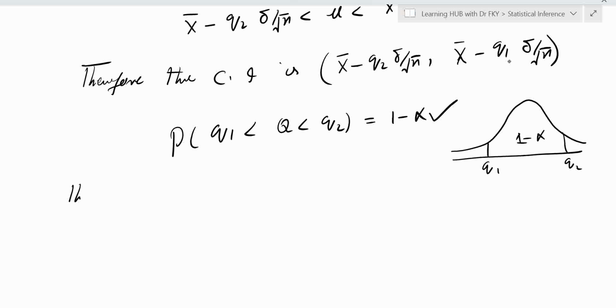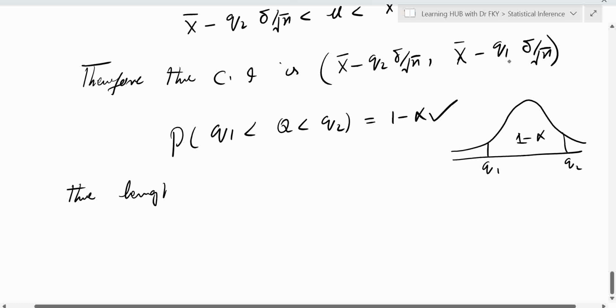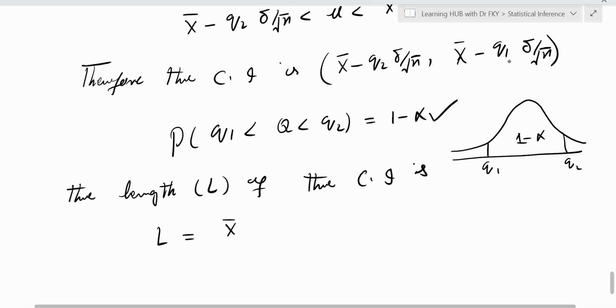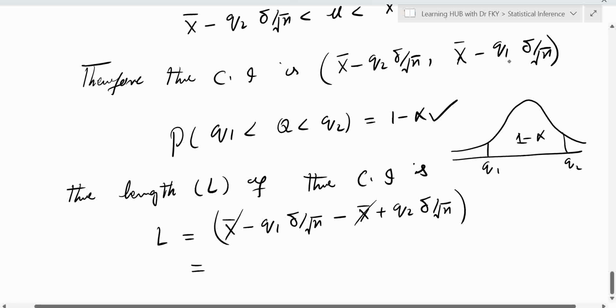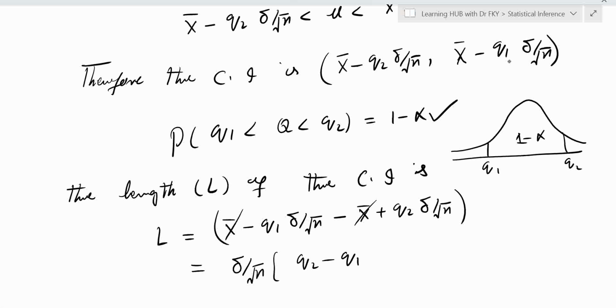The length L of the confidence interval is L equal to the upper limit, X bar minus Q1 sigma divided by square root of n, minus the lower limit, X bar minus Q2 sigma divided by square root of n. Now you can take sigma divided by square root of n common, so L equals sigma over square root of n times (Q2 minus Q1).